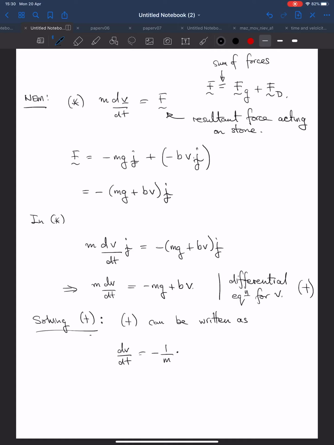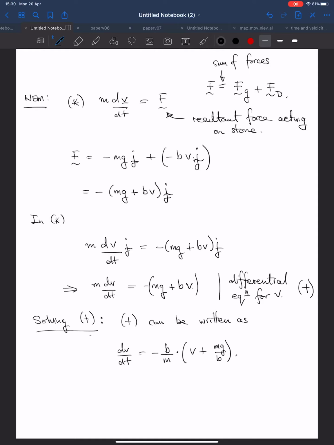So I would like to take a factor of b out from this so that I have, excuse me, there is a typo, I need brackets there. Okay, so that I have b, I'll take b out so that what I get is this, v plus mg over b. Okay, that is what I have.